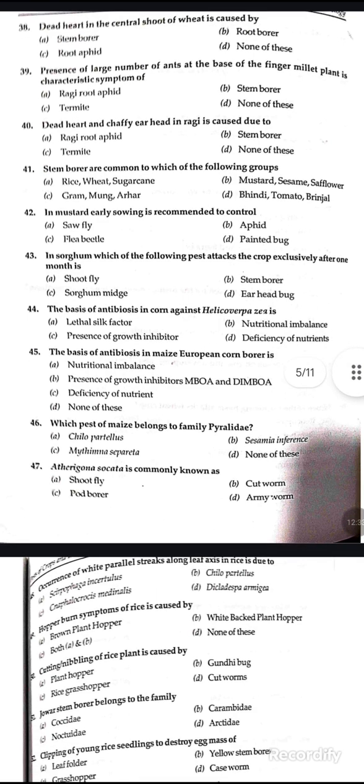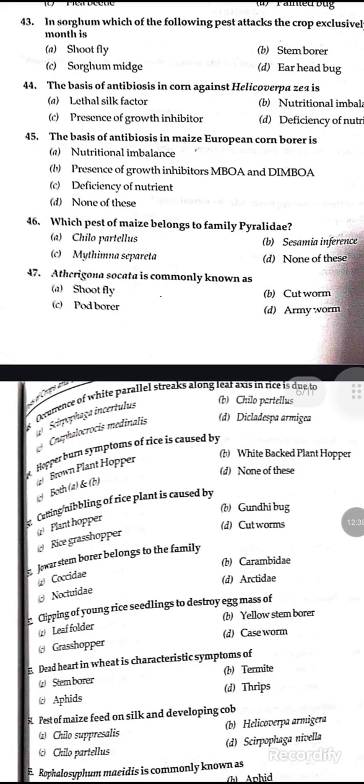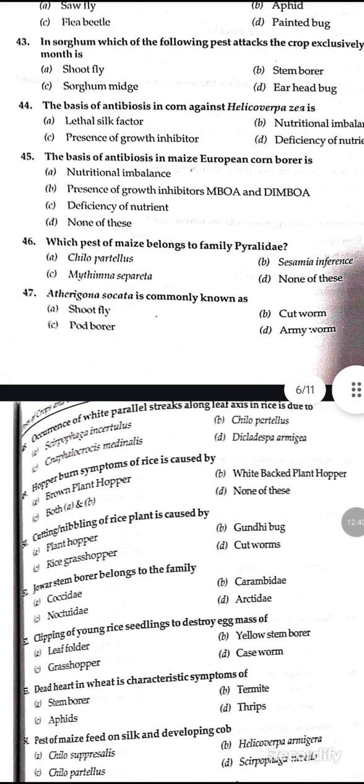Then occurrence of white parallel sticks along the leaf axis in rice, that is the Dicladispa armigera.